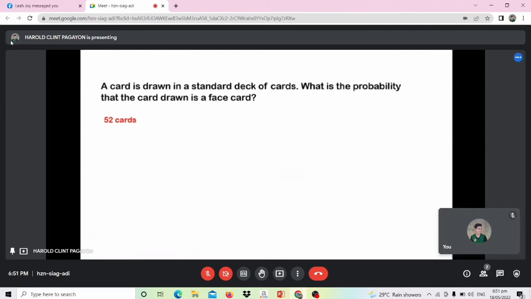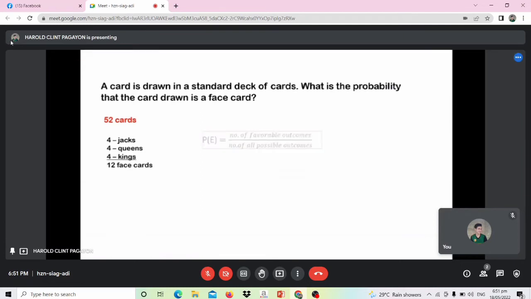We have the hearts, the diamonds, the clubs, and the spades. So in Jacks there are 4, in Queens there are 4 also, and also with the Kings. So there are a total of 12 face cards.